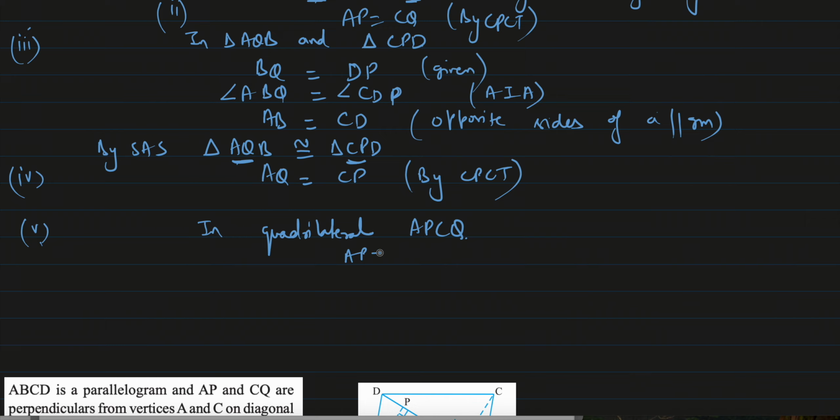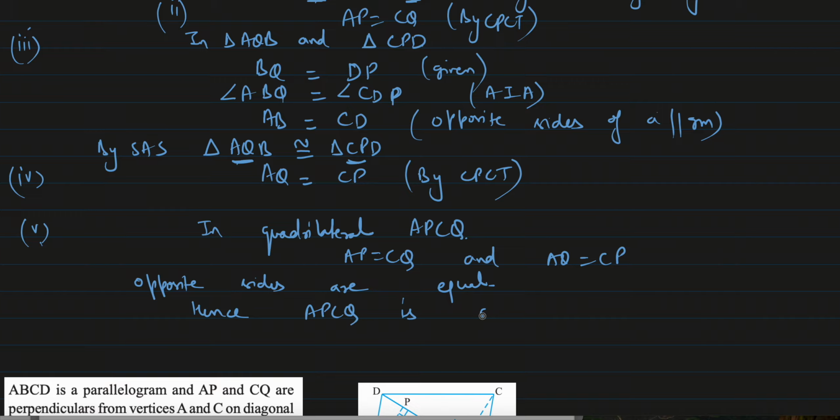AP equals CQ and AQ equals CP. Opposite sides are equal. Hence, APCQ is a parallelogram. I hope it's clear, students.